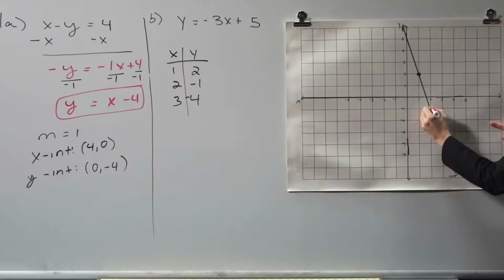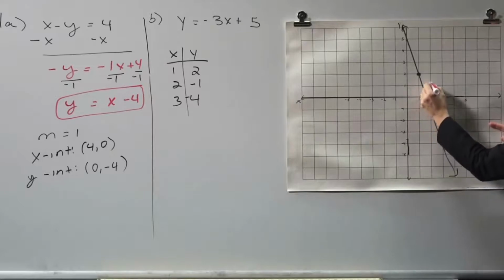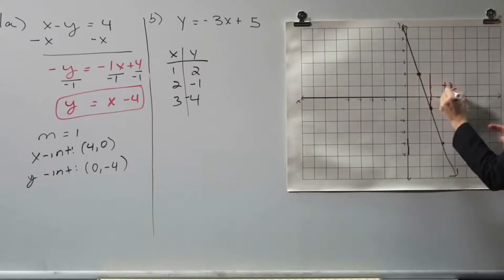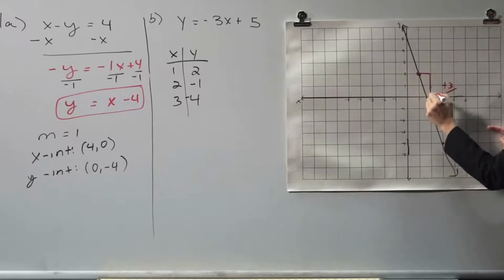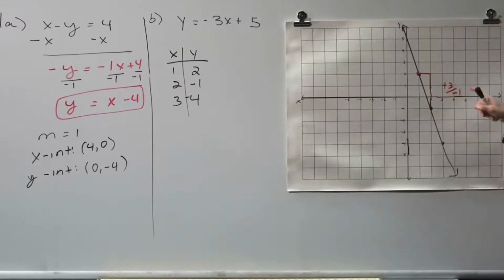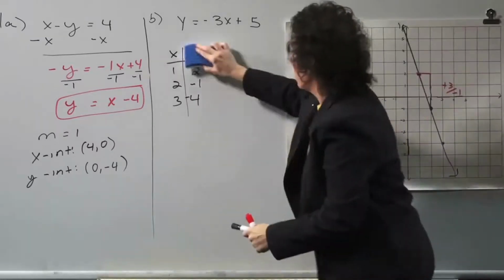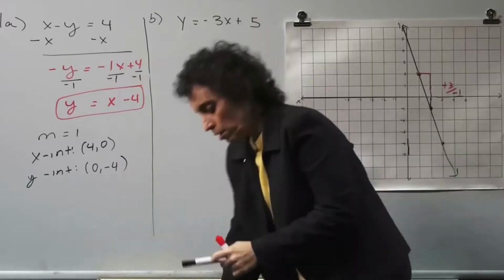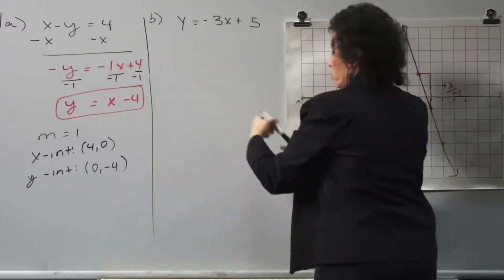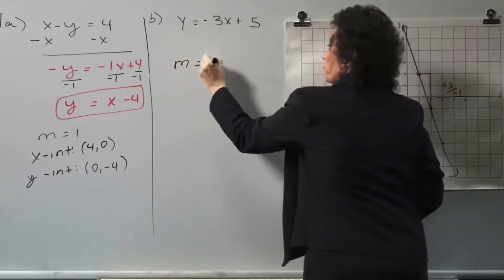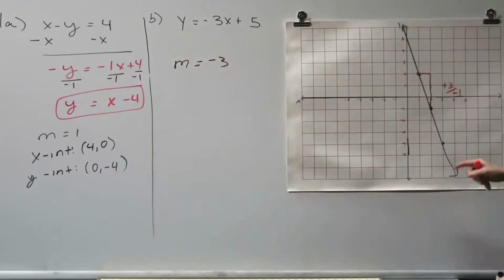That would be 1, 2, 3, up 3. To the left 1 is a -1. So a +3 divided by a -1 makes this a -3 slope. So slope is -3.